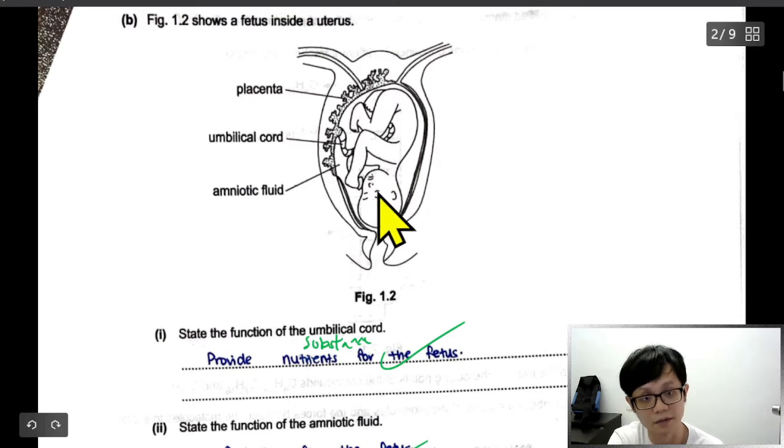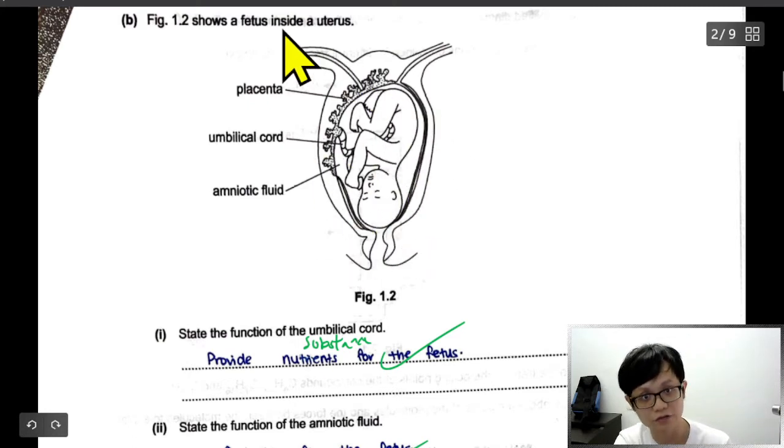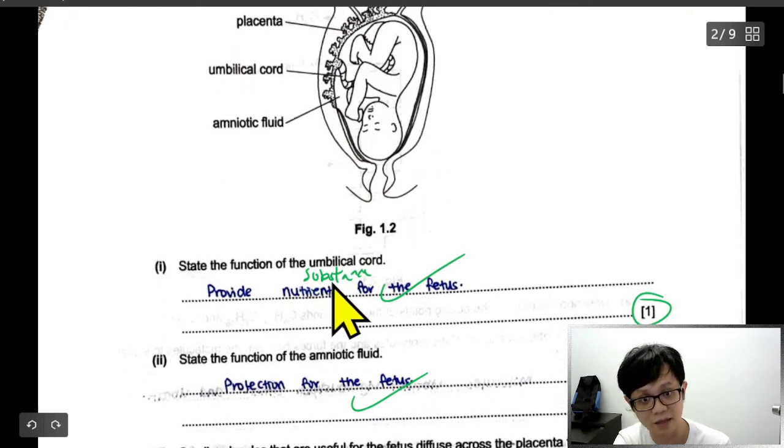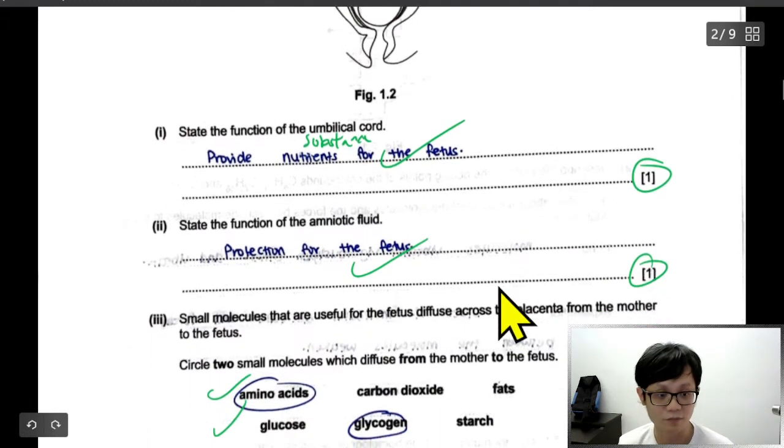The baby will excrete the urea, so it also needs to be transferred to the mother. That's why the marking scheme puts substance, which is more accurate. Of course nutrient is correct, but at the same time substances like oxygen and urea are also transferred to the baby or taken from the baby.